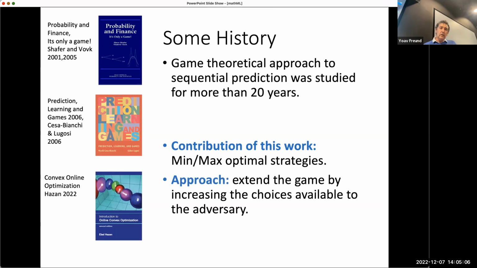The trick to do that, which I figured out over time, is that you want to extend the game. You want to give the adversary more options. If you can do something against an adversary with more options, obviously you can do it with an adversary with fewer options. But the more options tighten the analysis.